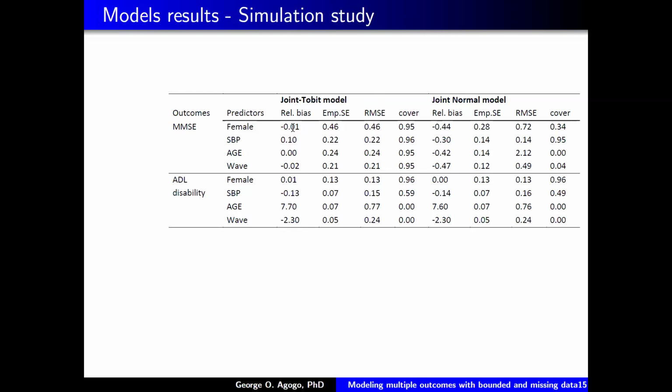So relative bias here is almost close to zero for all these risk factors when you assume a Tobit distribution for MMSE score, but the bias is quite substantial when you assume a normal distribution. Again, the effects are not very profound for ADL disability, which is a binary outcome.